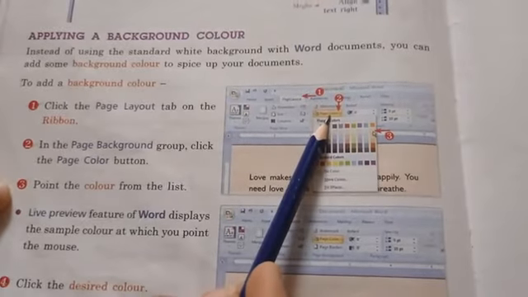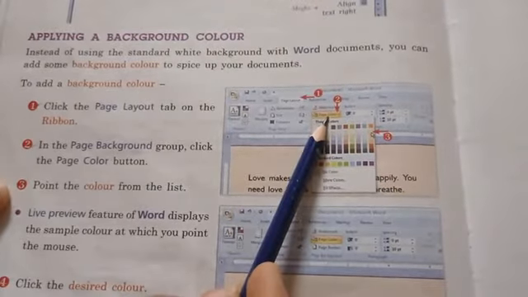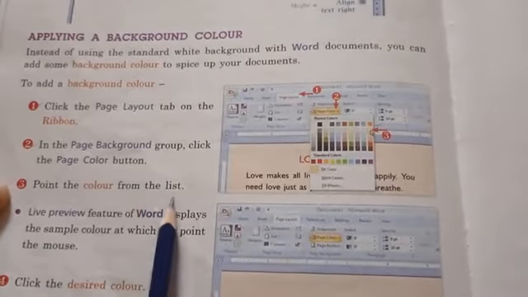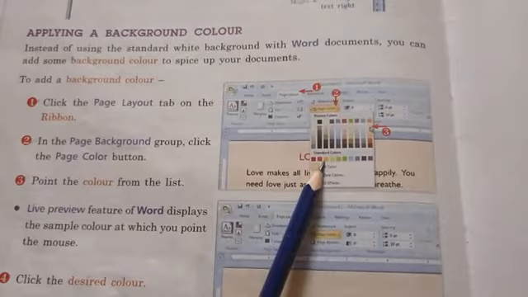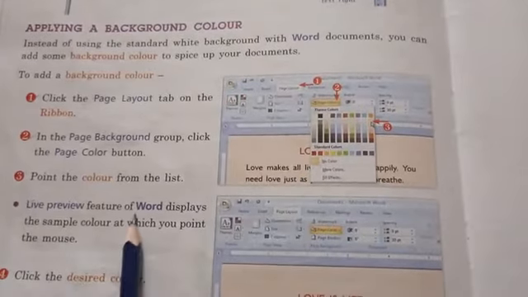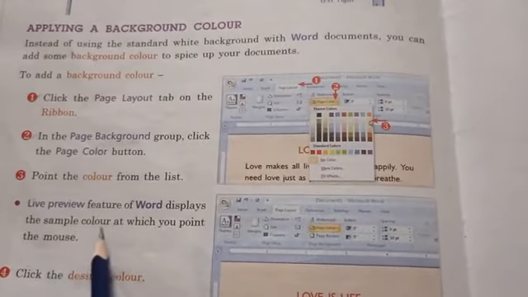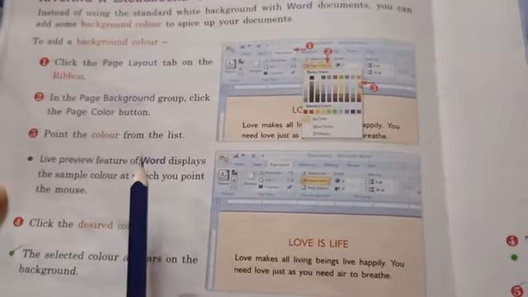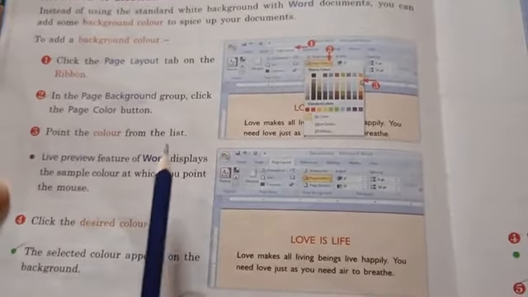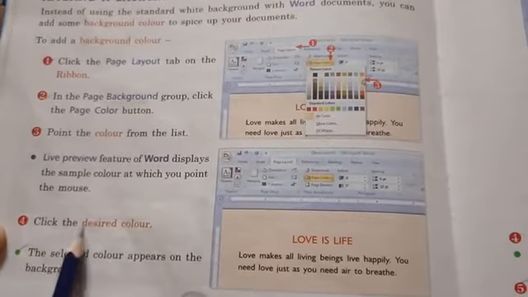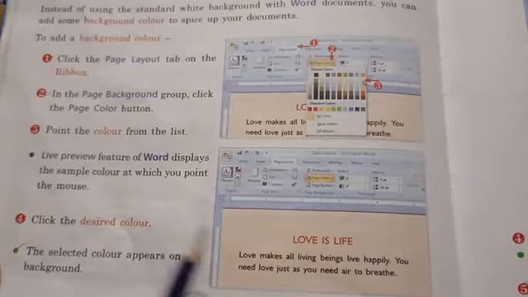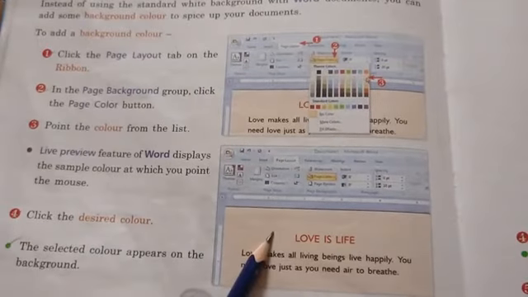You can see here, you have to click on it. Third step, point to the color from the list. The Live Preview feature of Word displays the sample color at which you point the mouse. Fourth step, click the desired color. The selected color appears on the background. You have seen here.